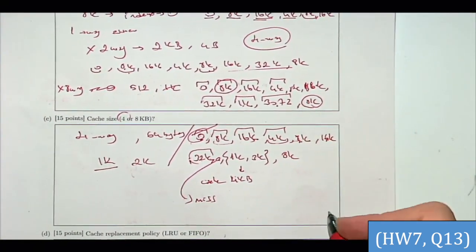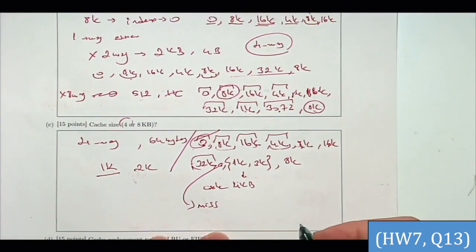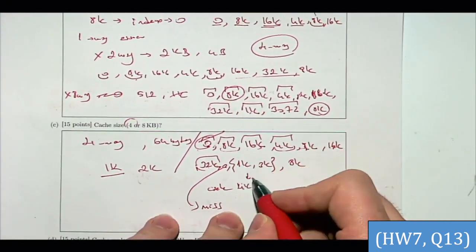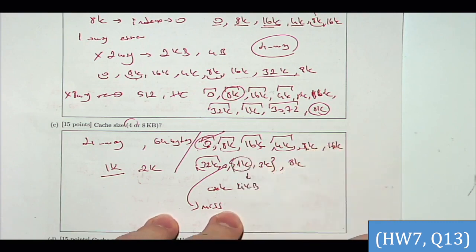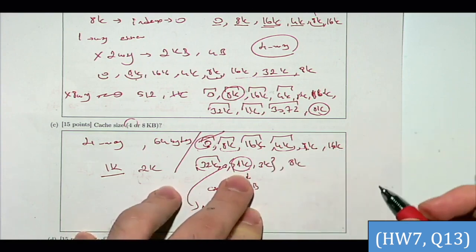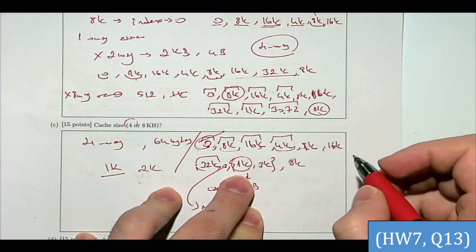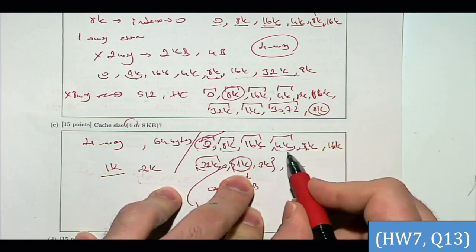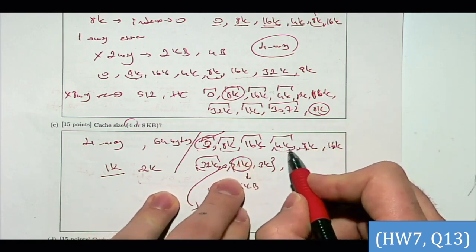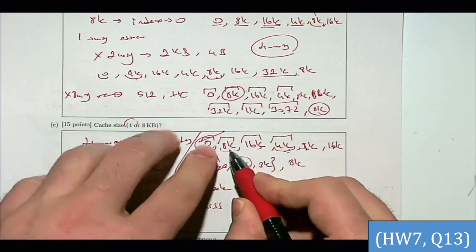So why is that the case? Because if the cache size is 4 kilobyte, basically this is not in the cache, and this also maps to the index of 0. So basically, I'm gonna remove this one or this one.